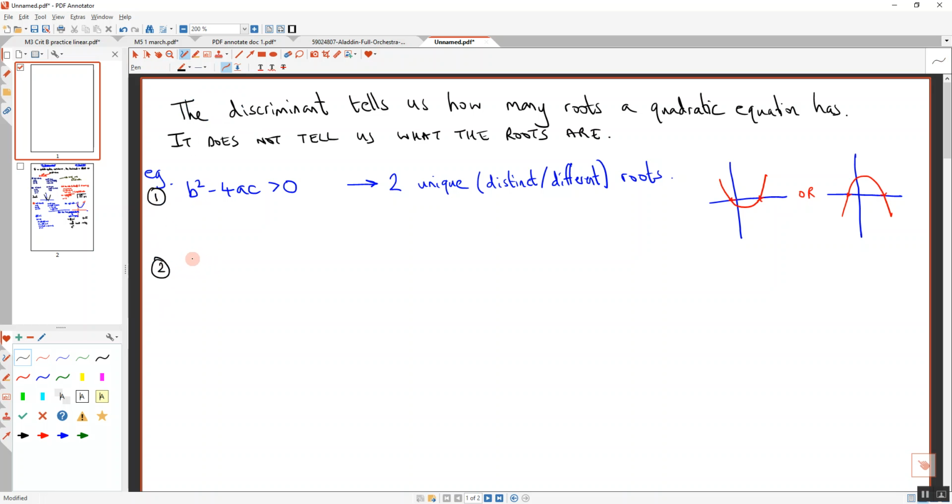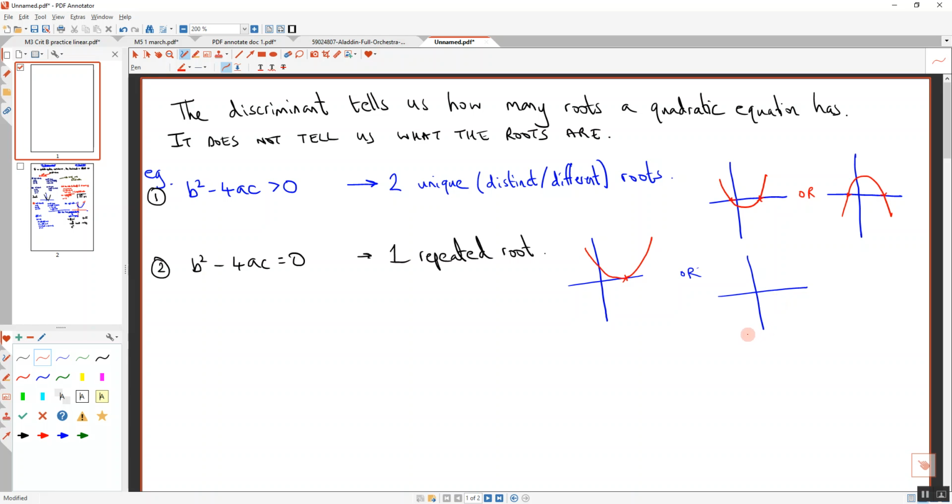Alright. Second case. b squared minus 4ac is equal to 0. 1 repeated root. In this case, it touches once.